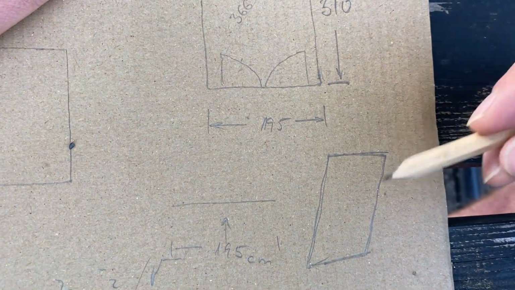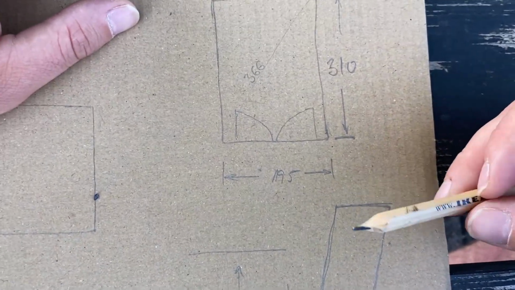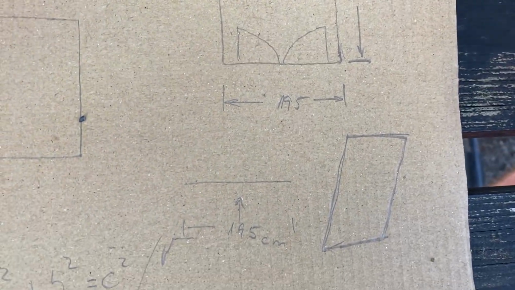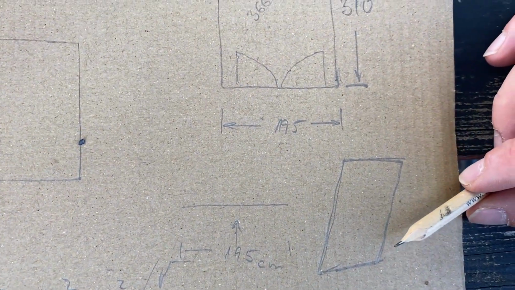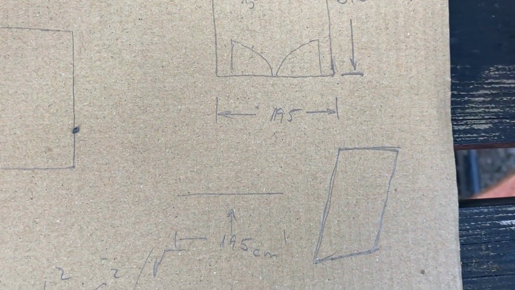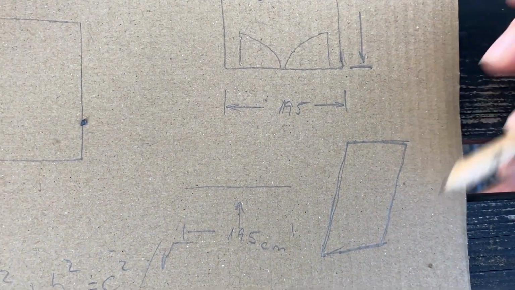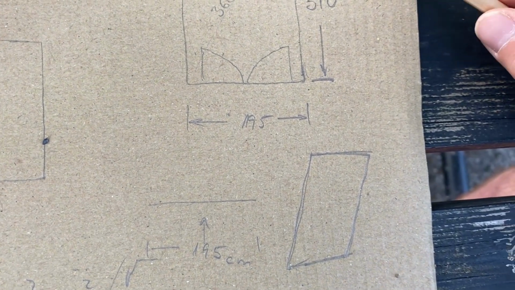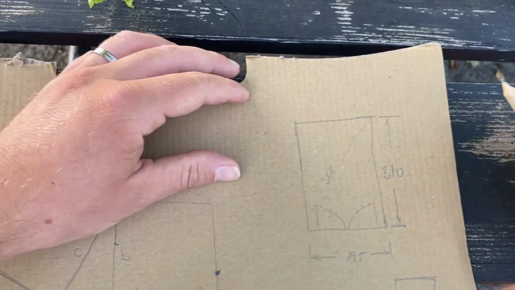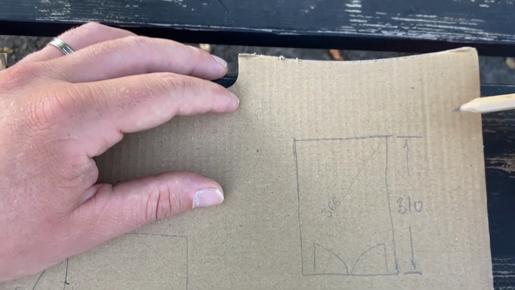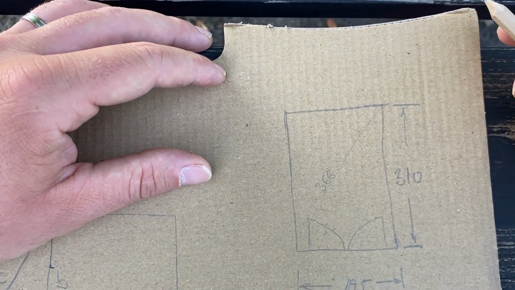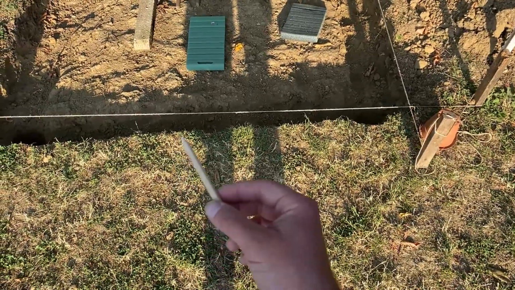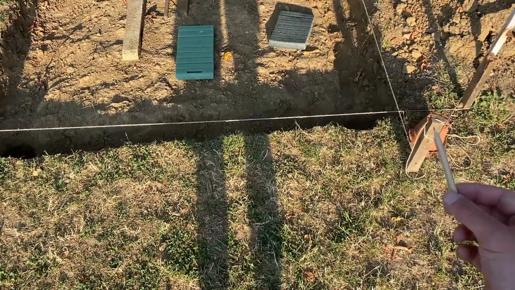It could have a rhombus shape, which is not good, because when you're building it further, it won't be symmetrical, with sides parallel to each other, and you'll have problems. So that's basically it.